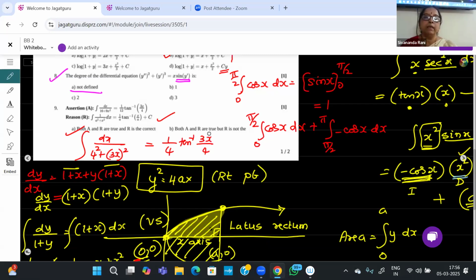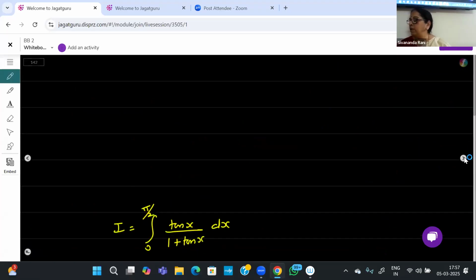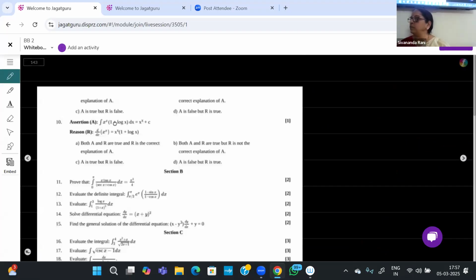But then instead of x, I have 3x. So it should be accompanied by 1 by 3, but it comes as a multiple. So 1 by 12 tan inverse 3x. Hope the argument convinces. Next one.